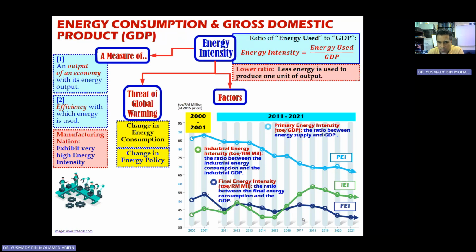The factors that affect energy intensity are energy price, geography, technology, and fashion and preference. These are the explanations or parameters used to describe the relationship between energy consumption and the gross domestic product, GDP.